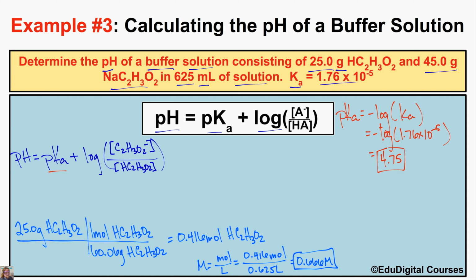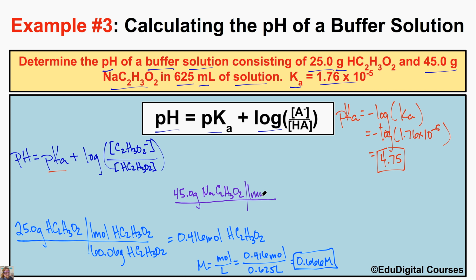So now we need to do the same thing with our conjugate base. Our conjugate base, it tells us we have 45.0 grams of NaC2H3O2.